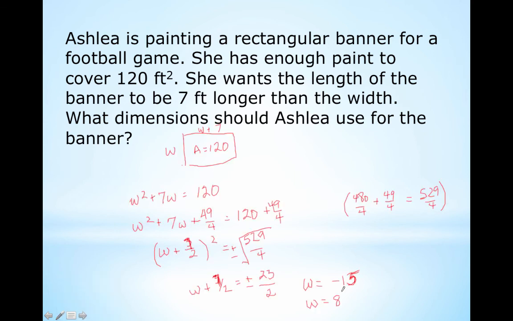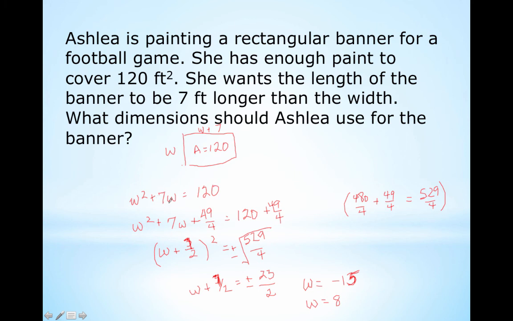Okay, so let's talk this through. I've got a rectangle and I'm looking for the area, so I need to multiply my dimensions. It says that my length was 7 longer than the width, so I've got a width and then a length that's w plus 7. So w plus 7 times w is my 120, or w squared plus 7w equals 120.